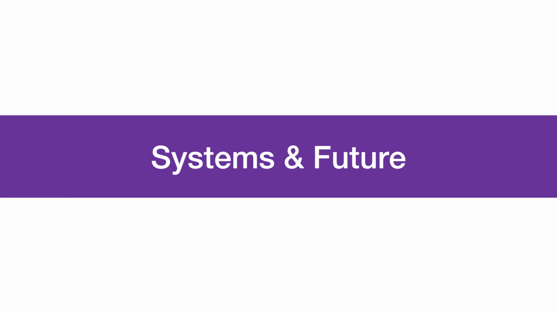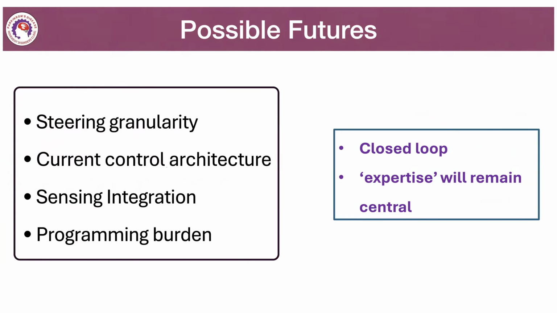So with this understanding of directional deep brain stimulation, let us talk about what we may be having in the future. Currently, what we are looking at is more steering granularity, and whether current controlled architecture can help us out. Currently, the local field potential sensing is not part of this whole concept; it has to be done separately. Whether the sensing can be integrated into it so that automated changes can happen.